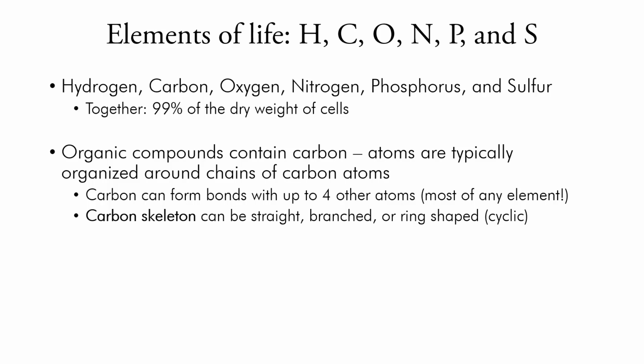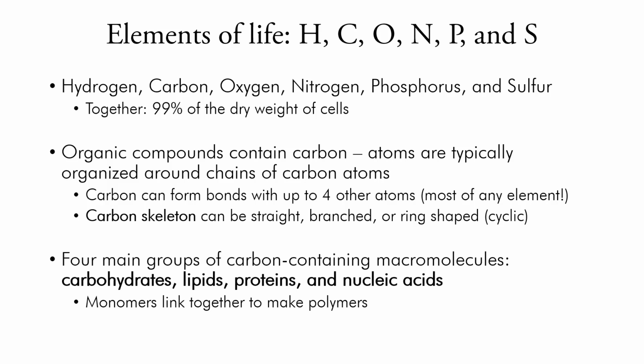You should know that organic compounds contain carbon by virtue of the fact that it can form four covalent bonds with any other atom, which makes it a really good building block. So we have molecules with what we call a carbon skeleton, where the central structure is made up of carbon. You'll see this in all kinds of shapes: straight, branched, ring, etc.